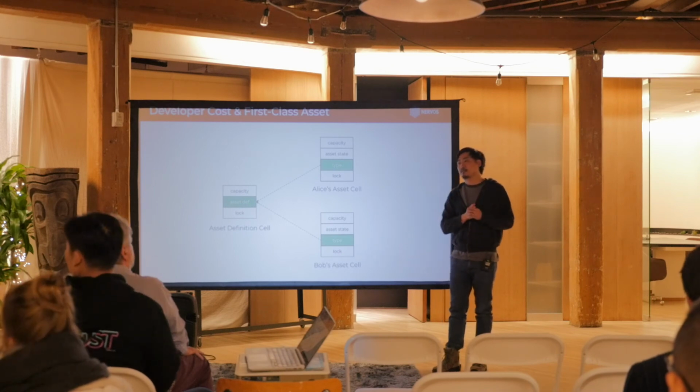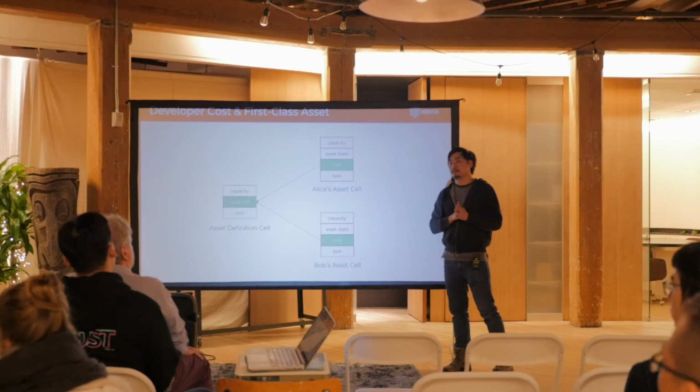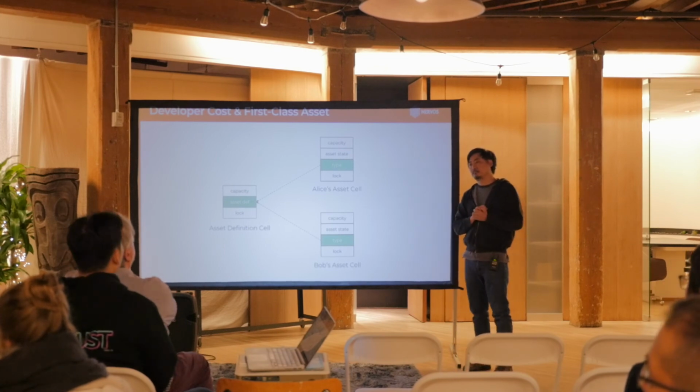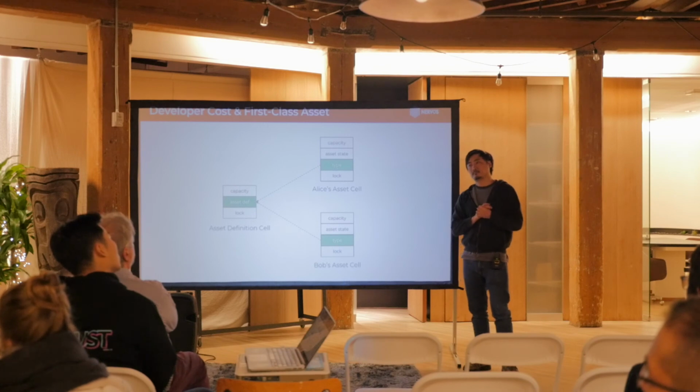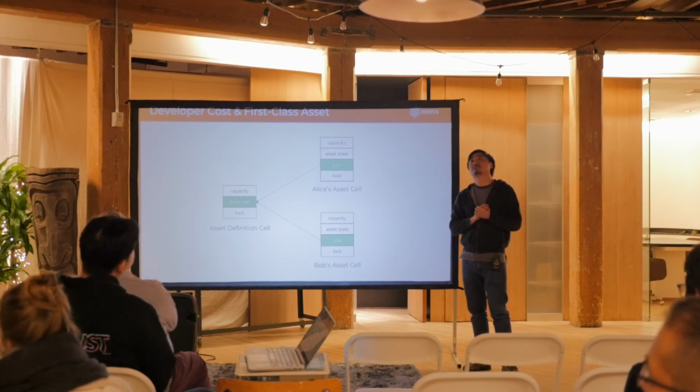Yeah, please. So let's say I have a transaction that consumes 2 cells. Is one of the cells able to reference the end state of the other cell that gets consumed in that transaction, in order to try to compose together 2 different assets?